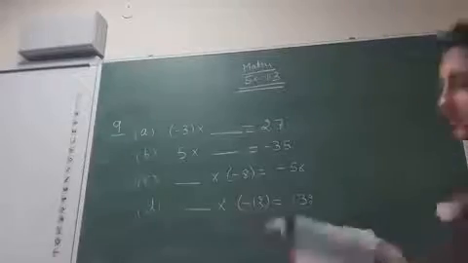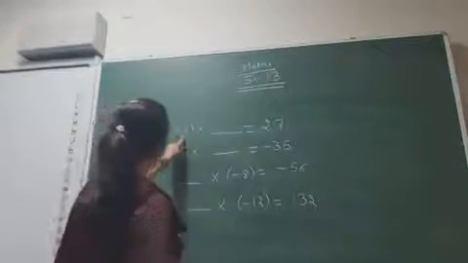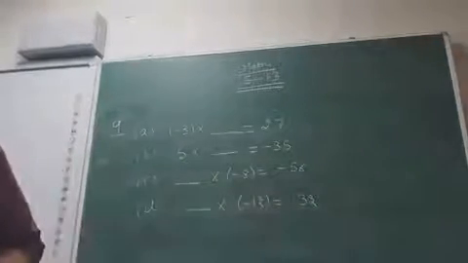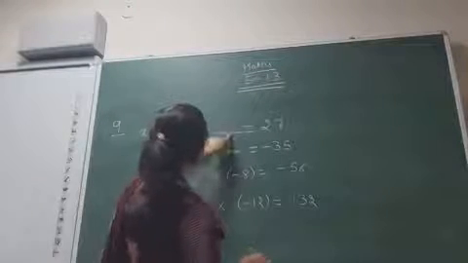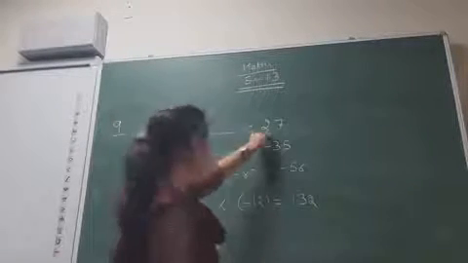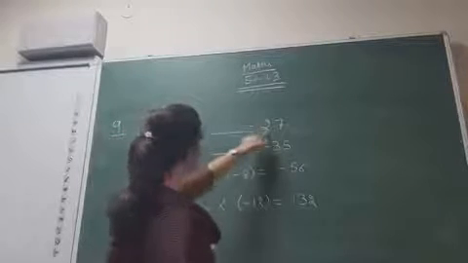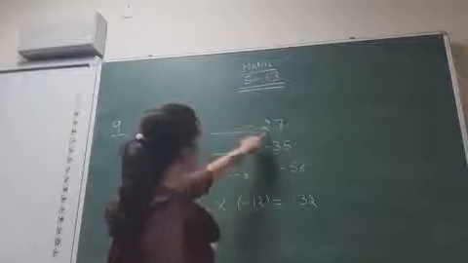Now our ninth question is replace the blank with an integer to make it a true statement. Firstly, A is minus 3 multiply blank is equal to 27. So what should we do? Which number do we multiply by 3 so that we get 27? We can say if we divide 27 by 3 we get the number.